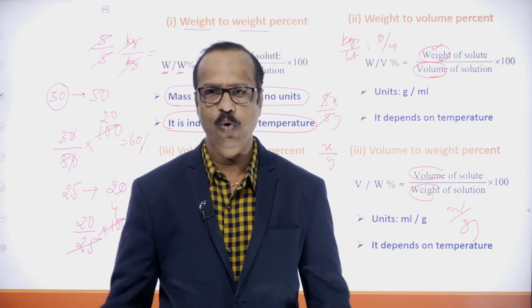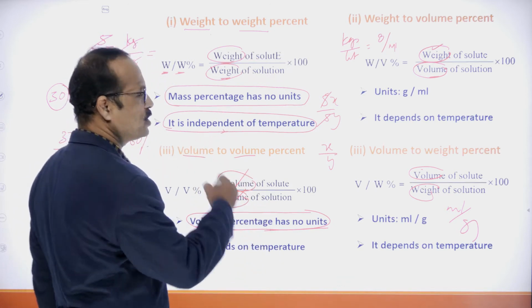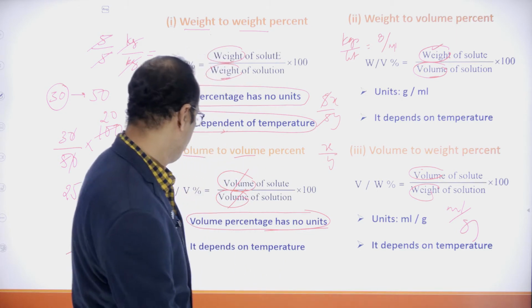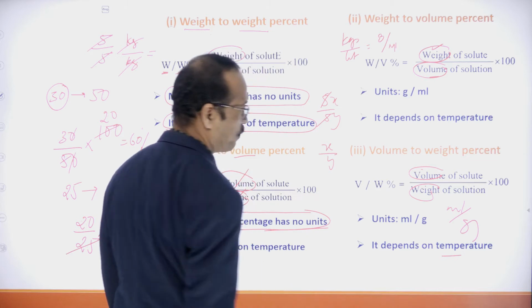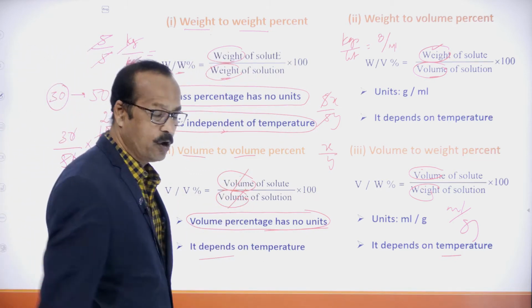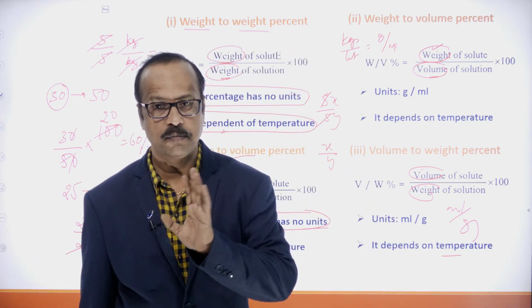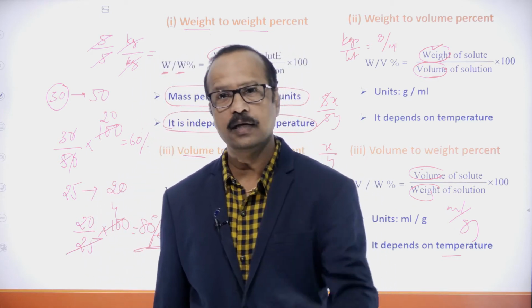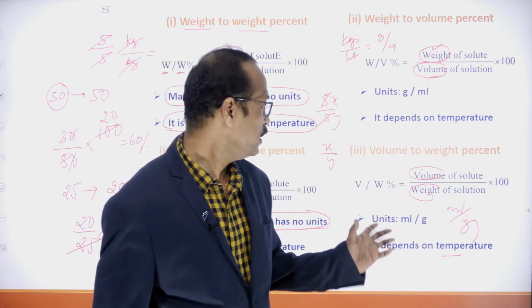So independent means it does not depend on the temperature. But the remaining ones depend on temperature. Why? Remember one thing: wherever volume is there, volume depends on the temperature. This is a simple concept. So wherever volume is there, that depends on the temperature.